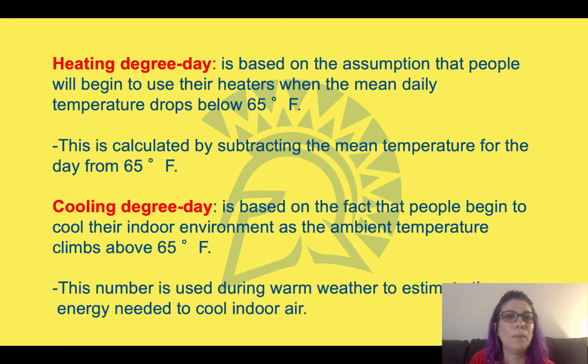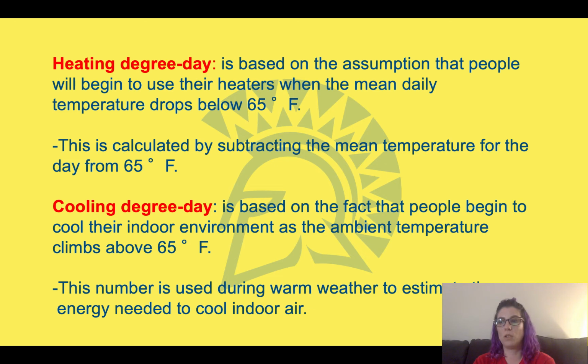So that brings us to how we use temperature. One of the ways that people use temperatures is that utility companies will determine when we start using more energy. We have things called heating degree days and cooling degree days.